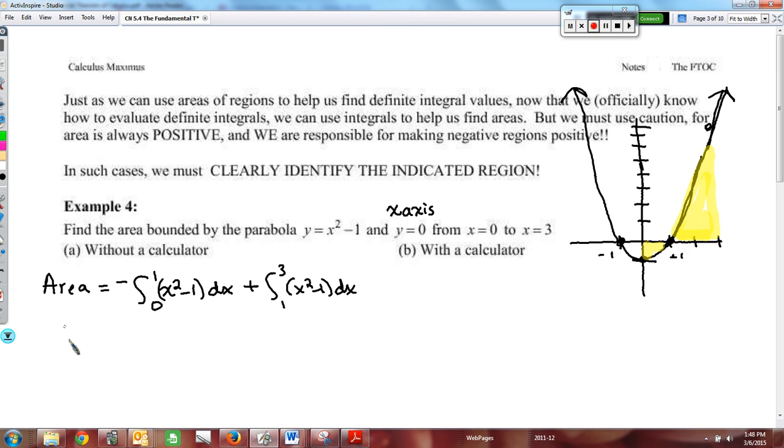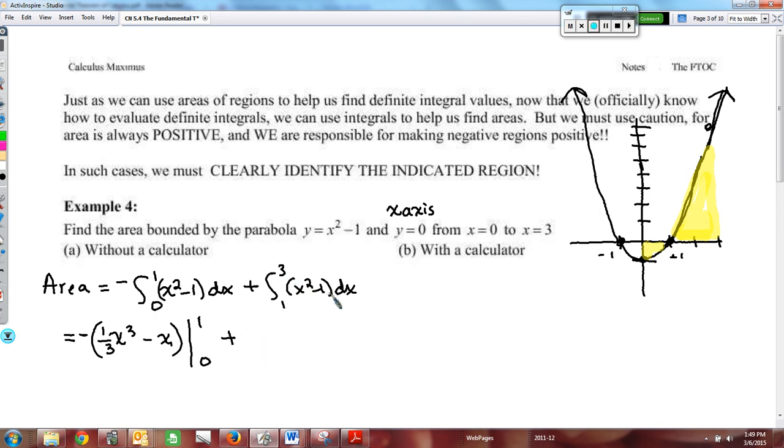And I'm going to use my fundamental theorem of calculus now. I'm going to take the antiderivative. The antiderivative of x squared is 1/3 x cubed minus x. Don't forget that there was a negative out here in front. We're going to calculate the net change in the antiderivative from 0 to 1, and then I'm going to take from 1 to 3.